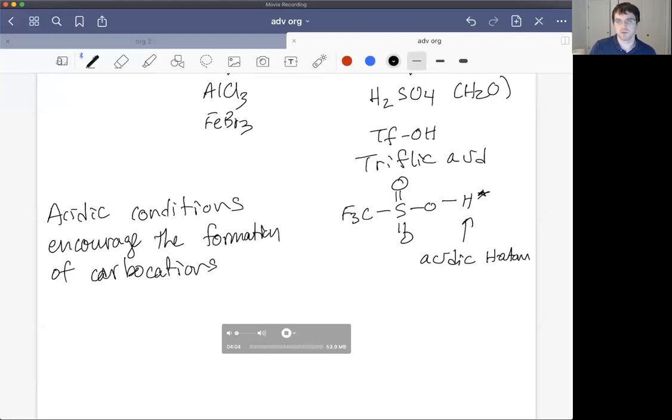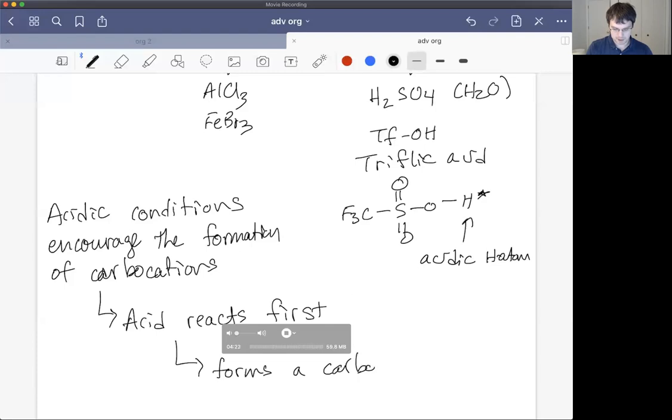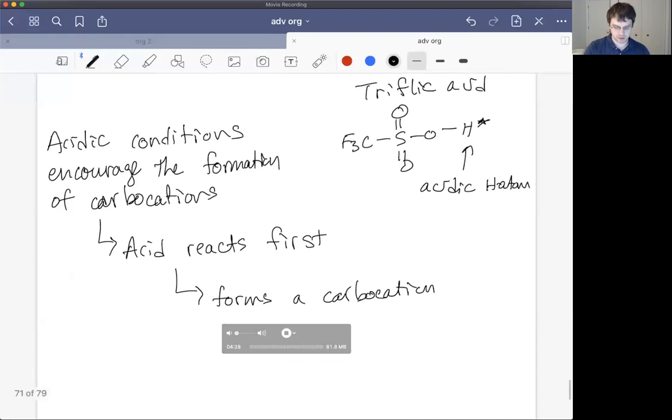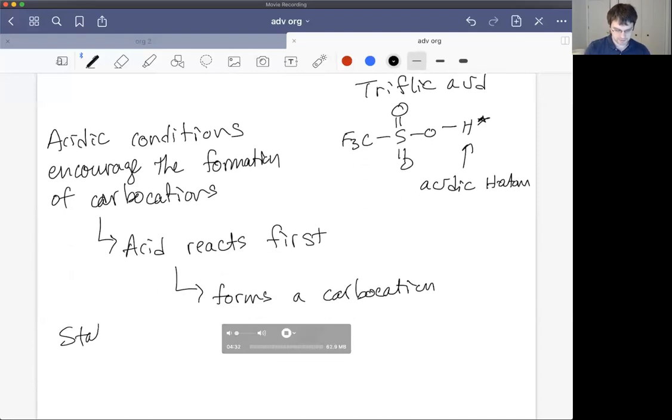Now when we look at these types of reactions, we have to first remember that the acid reacts first, and then after it reacts, it forms a carbocation. Once that carbocation is formed, we should remember some general rules about the stability of carbocations in particular, as that will lead us to understand better why certain reactions happen the way they do.